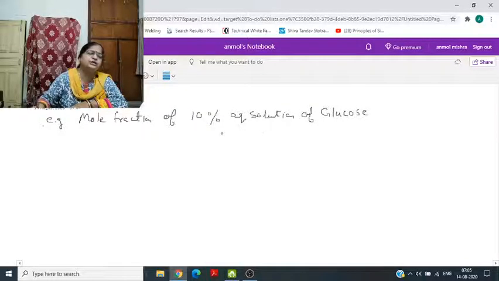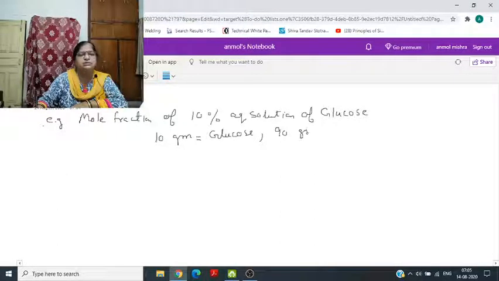Here we know the formula: 10% means 10 grams is glucose and 90 grams is water.